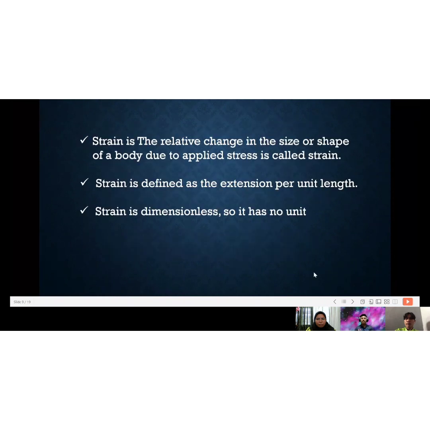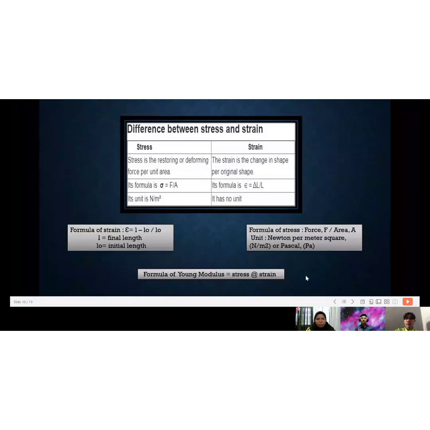The difference between stress and strain. Stress is the restoring or deforming force per unit area. Strain is change in shape per original shape.